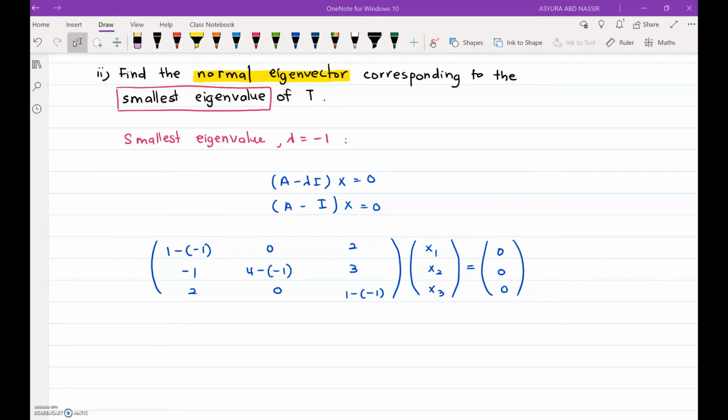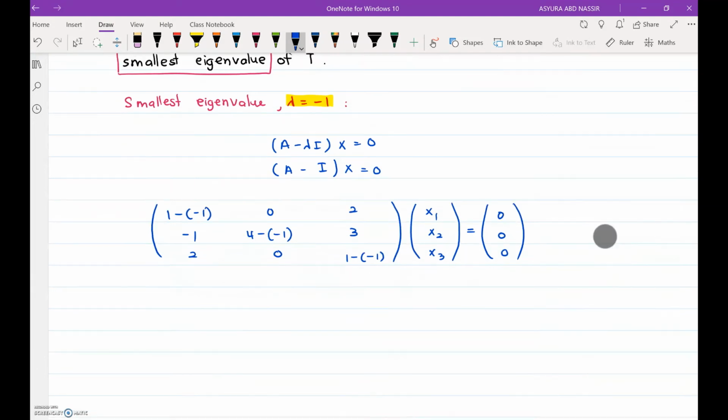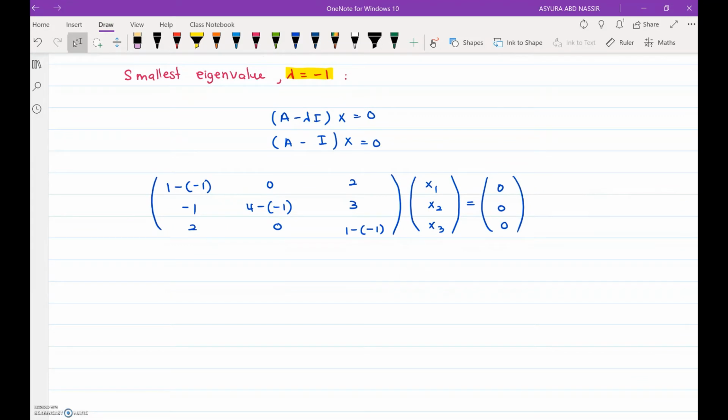Your smallest eigenvalue now is lambda equals negative 1. Next we will substitute in the formula of T minus lambda I times x equals 0. So you will get the matrix equation: 2, 4 plus 1 is 5, and 1 plus 1 is 2 here. Remember it is easier to write your main diagonal first.